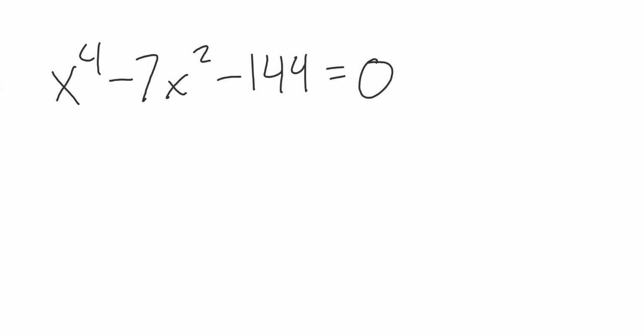So notice this is a 4th degree equation, not a quadratic equation. What we're going to do in this is a special technique called substitution. We're going to do this substitution to make this a quadratic equation. We're going to let our x squareds, we're going to substitute that with a y.